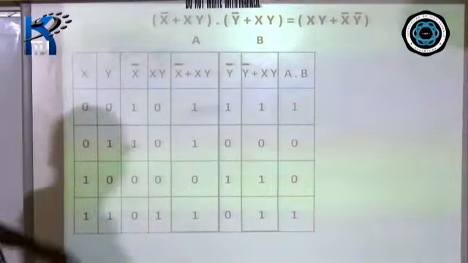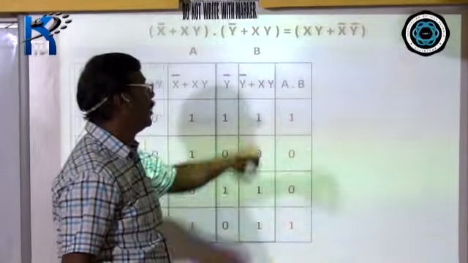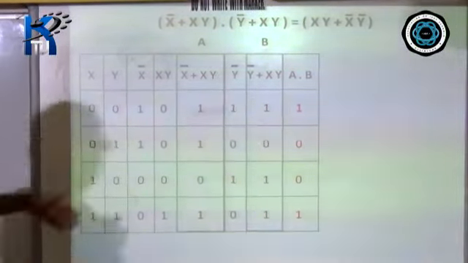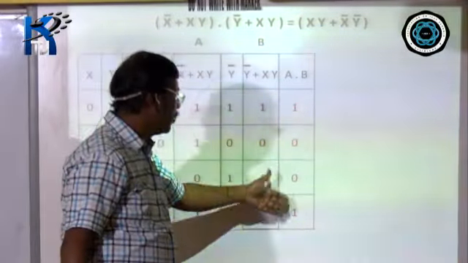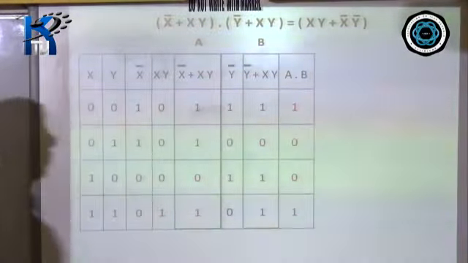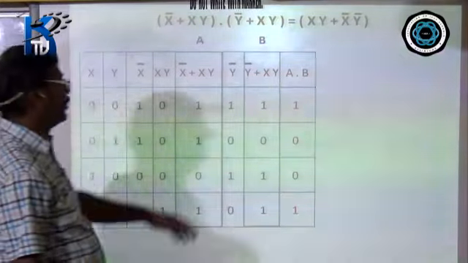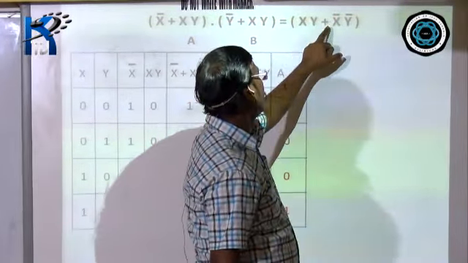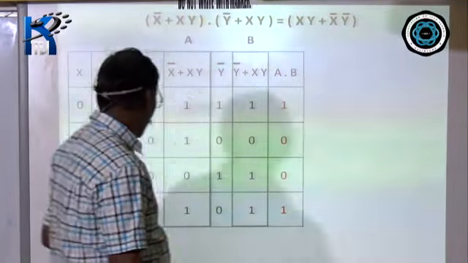Fine. So now we have solved the left hand side part of the expression. So ultimately for the left hand side we have got 1 0 0 1. Now we move on to the right hand side of the expression, xy plus x complement y complement.